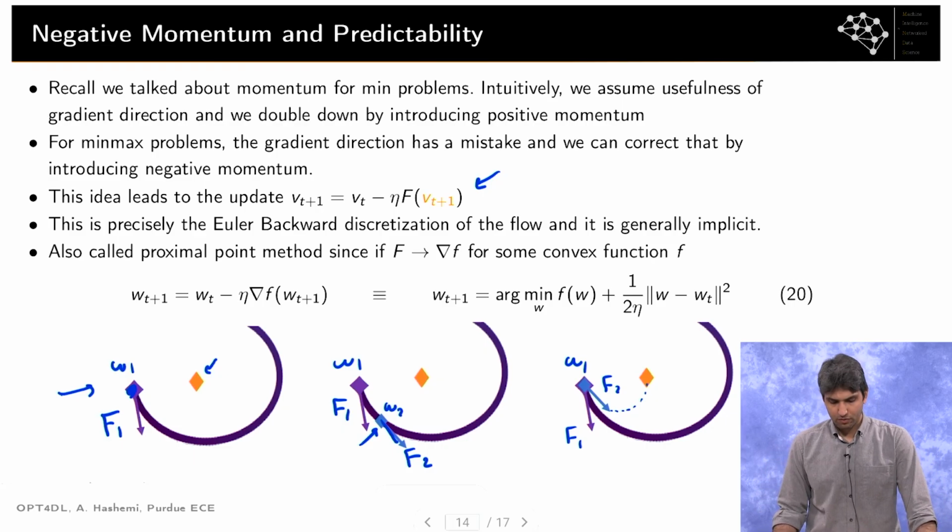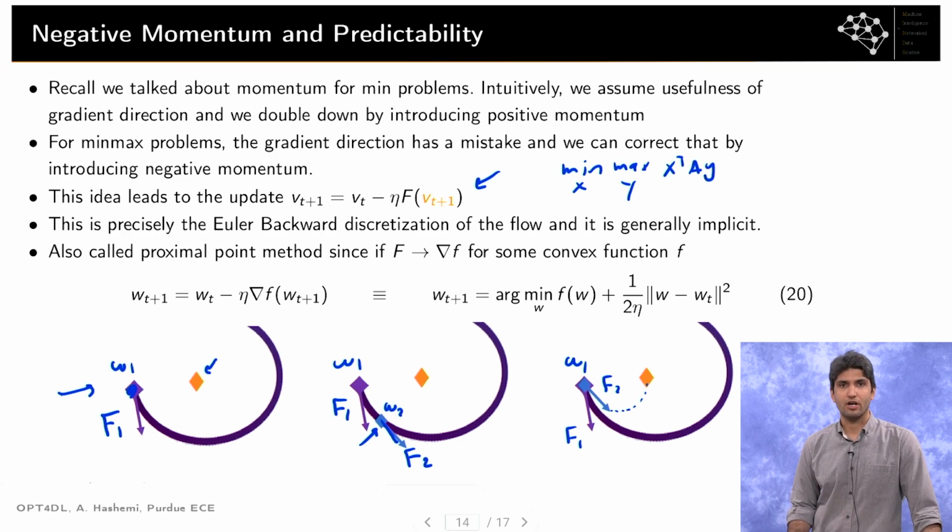But for certain applications, this capital F leads to an explicit update. For instance, min-max problems such as bilinear games. For this, if you can afford a matrix inversion, you can have an easy to compute update.